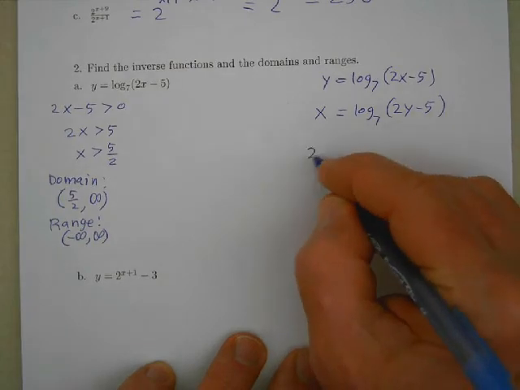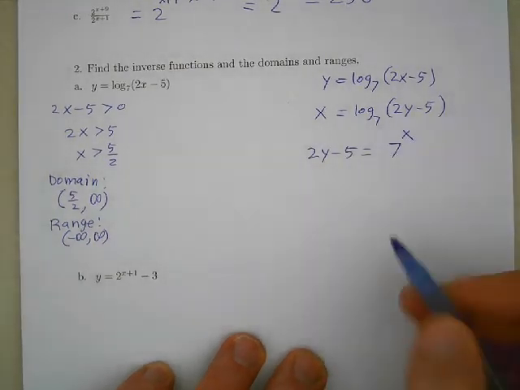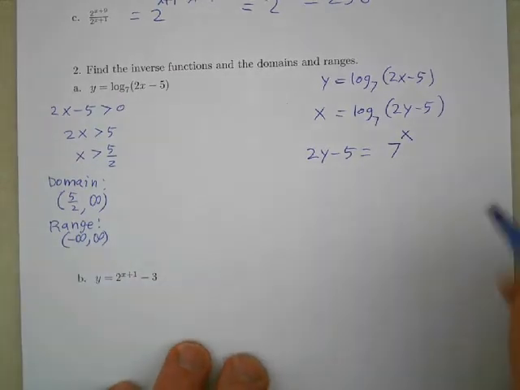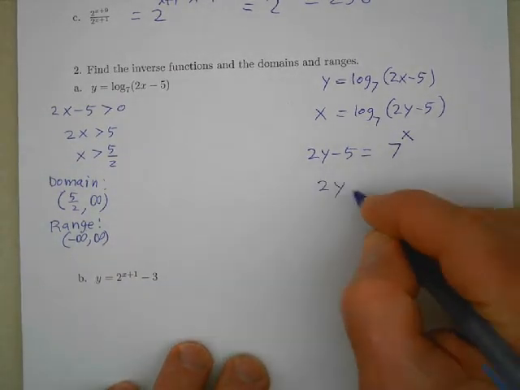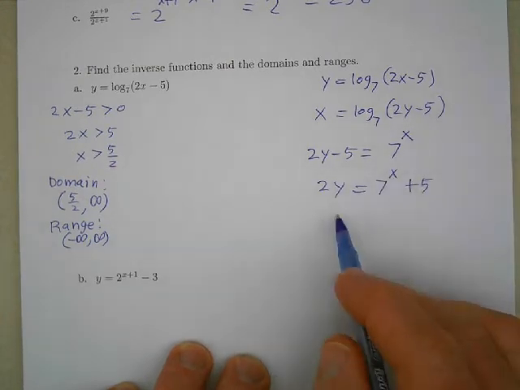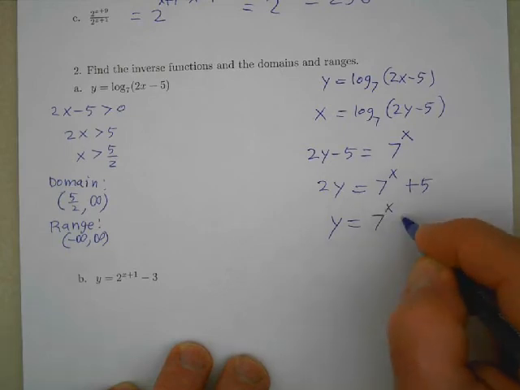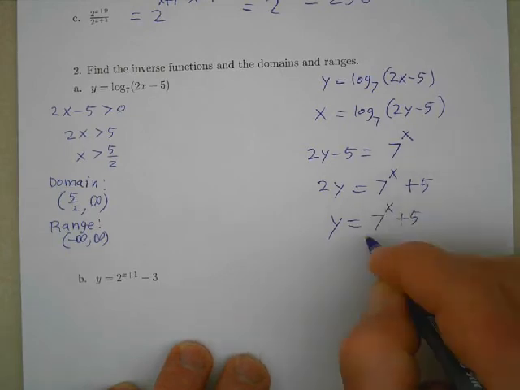So I'll write 2y minus 5 equals 7 raised to the exponent x. Then we add 5 to both sides, so we get 2y equals 7 to the power x plus 5. And then divide everything by 2, y equals 7 to the x plus 5, all divided by 2.